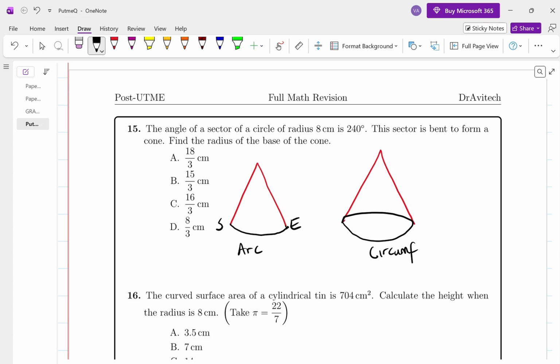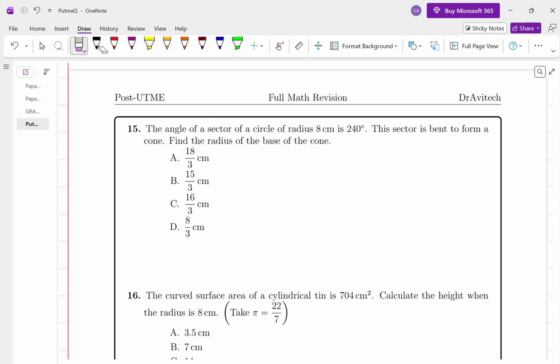So we're going to be saying that the length of an arc is going to equal the circumference of the circular base of the cone.